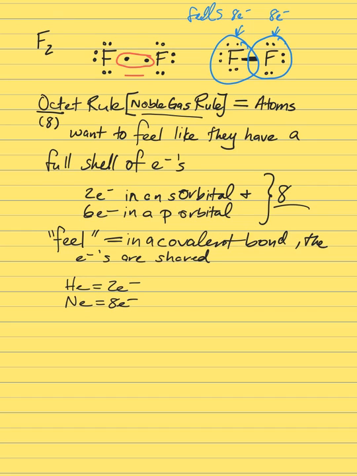And then when you get lower than neon on the periodic table, there are d orbitals available. So argon, krypton, xenon, they all can actually have more than 8 electrons because of those d orbitals. Often they still have 8, but they can have more.